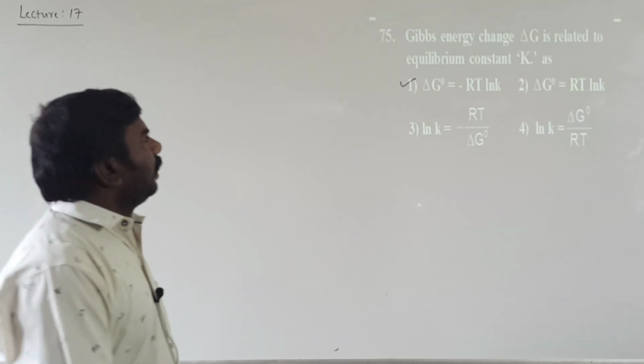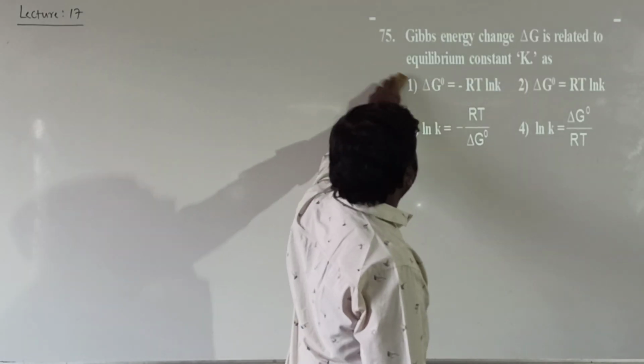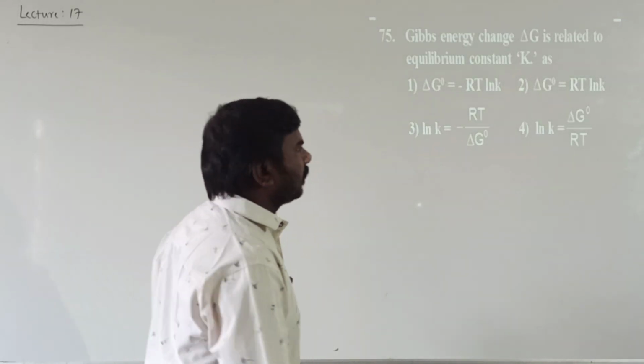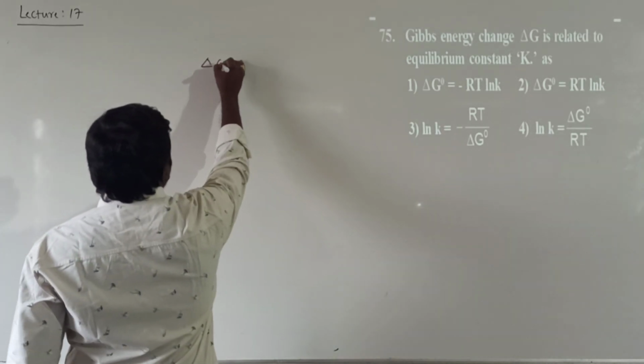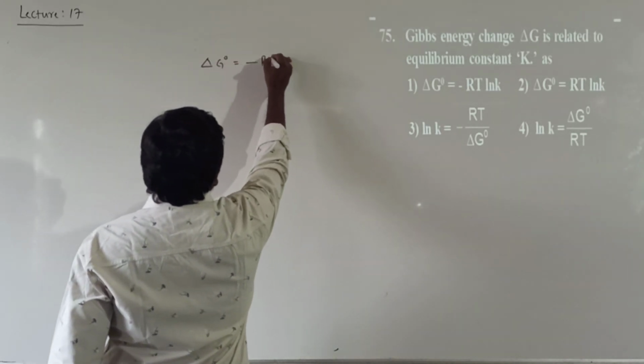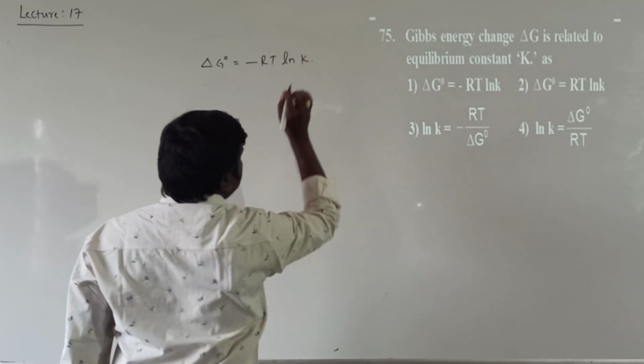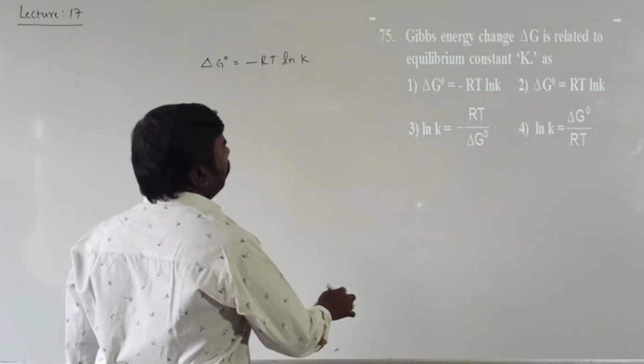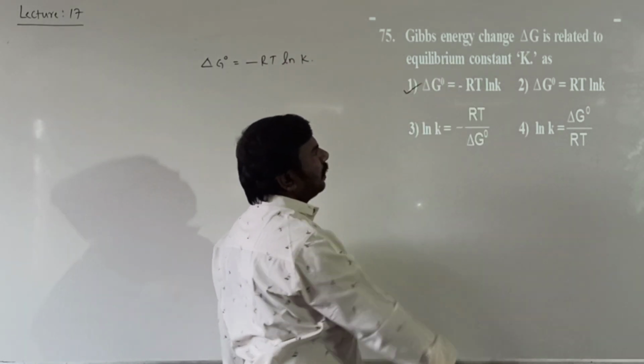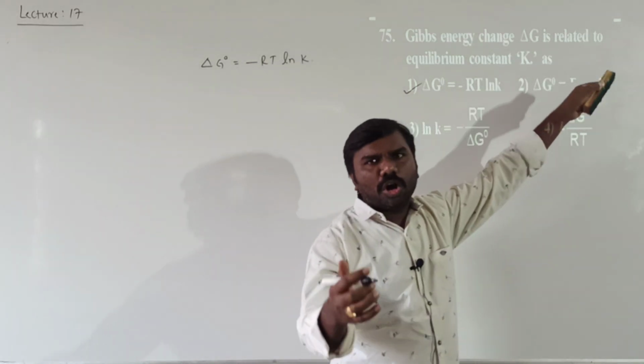Next, Gibbs energy change is related to equilibrium constant as delta G equal to minus RT ln K. It is the right option. So, this is right. Here plus RT is given, wrong.